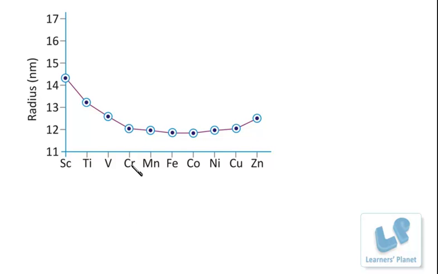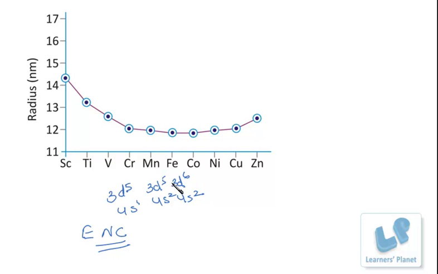Till chromium, see, at chromium the configuration is 3d5-4s1, and manganese is 3d5-4s2. Iron becomes 3d6-4s2. So till chromium, the effective nuclear charge increases.